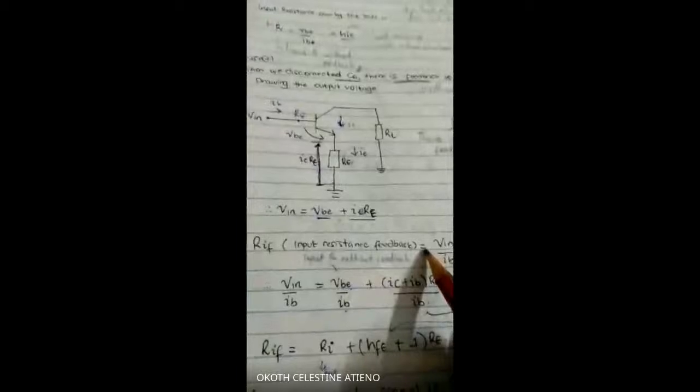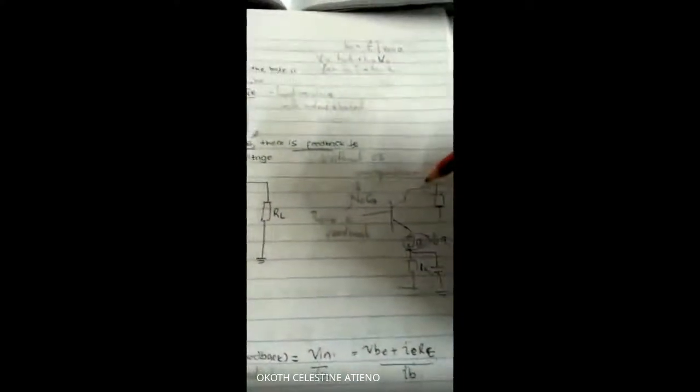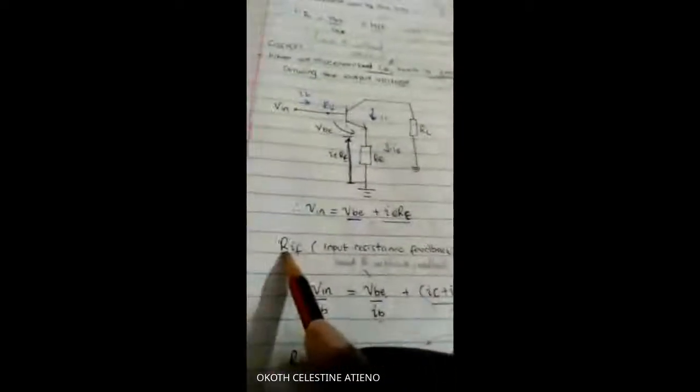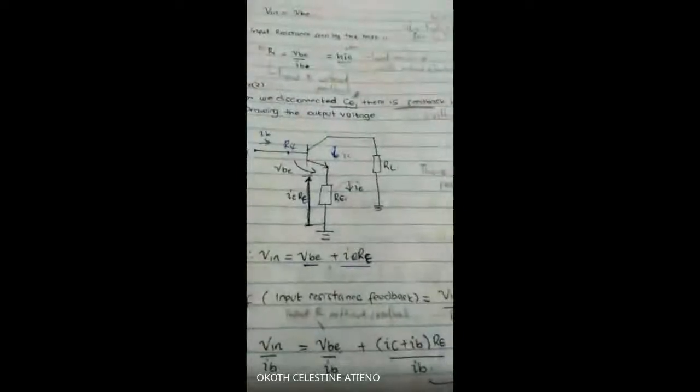To get input resistance with feedback, the point I wanted you to know is that when the capacitor is not there, there is feedback. So when the AC equivalent circuit looks like this, we know the capacitor is not there. So the input resistance you're going to be calculating is input resistance with feedback, because the moment there is no capacitor here, it means there is feedback.